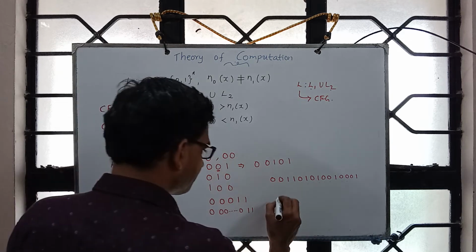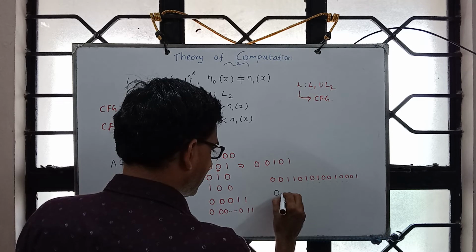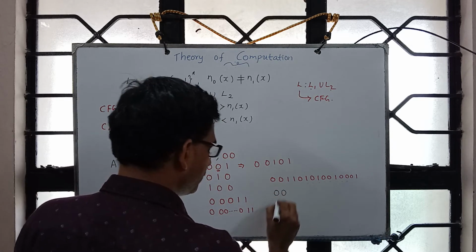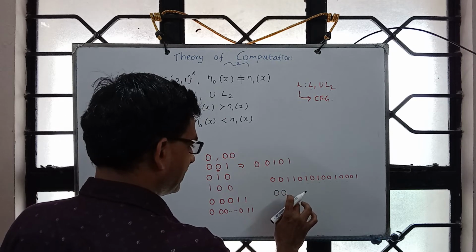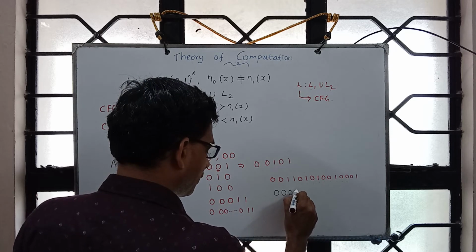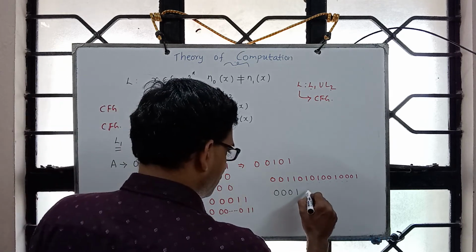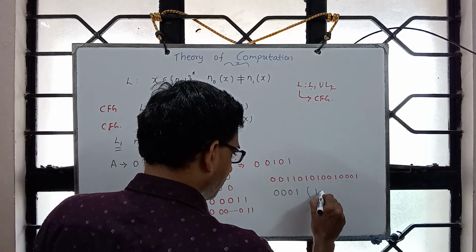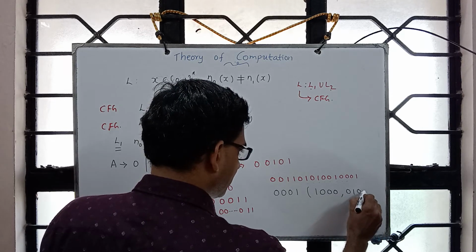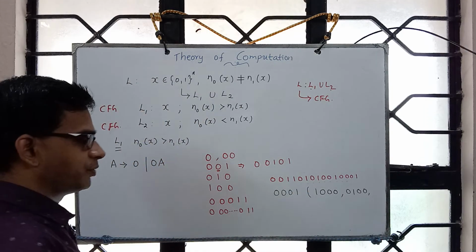For example, look at 4 length strings. 4 length strings should have more zeros. Suppose it has 2 zeros. Can we have 2 ones? No, that's not allowed. But 3 zeros followed by 1 is allowed. And this could be like this also, 1 triple 0 or 0 1 0 0, and basically this 1 can come in any of these positions.